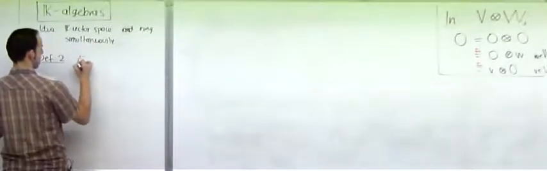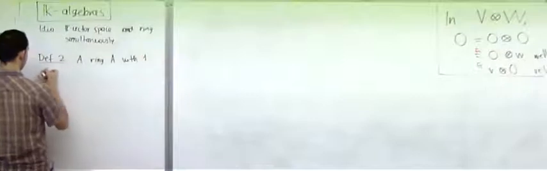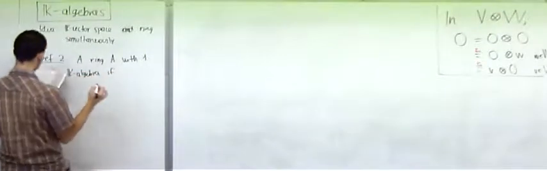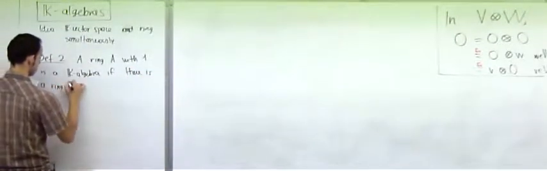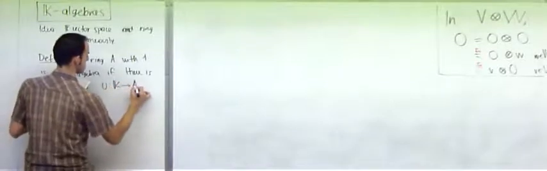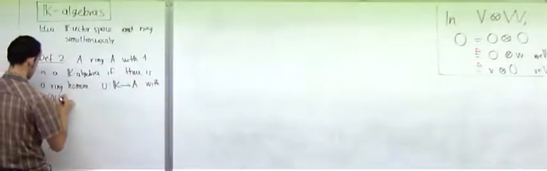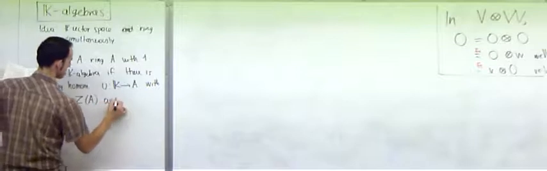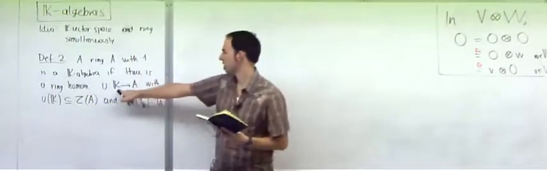So a ring A with an element 1 is a K algebra if there is a ring homomorphism U from K to A such that U of K is a subset of the center of A and U of 1 is equal to 1. U of 1 of the field is equal to 1 of the ring.